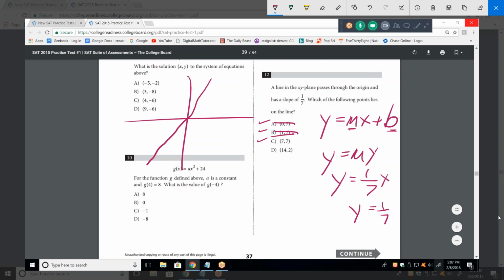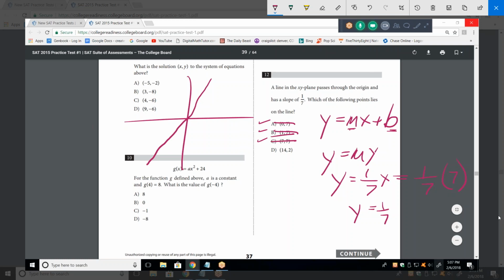If I plug in 7 for x, I get 1/7 times 7. That's what I'm doing. Now you're multiplying 7 times 1/7. What's that equal to? 1. You do not want to have to look at your calculator to figure that out. You should know that that is 1. So it's not 7. So C doesn't work either.